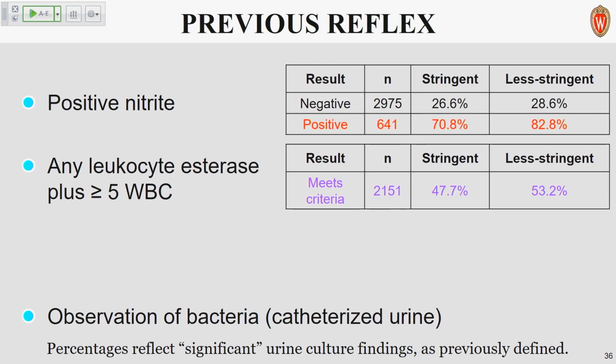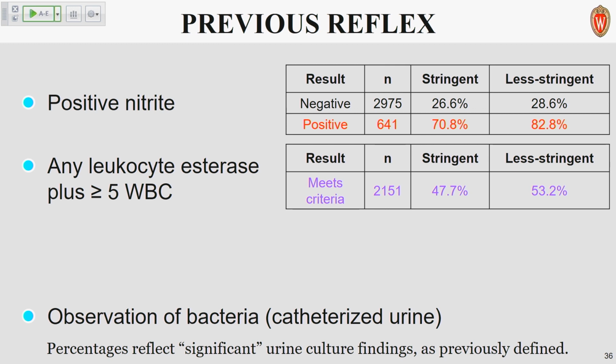Next slide. All right, so this QA project stemmed from the fact that the UA department in our laboratory was interested in changing the UA reflex criteria, right? Everybody's probably done this before. So past reflex criteria included a positive nitrite test, which would probably grab your Enterobacterales for the most part.